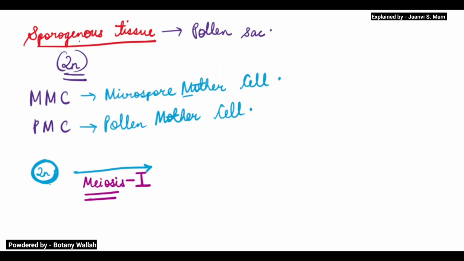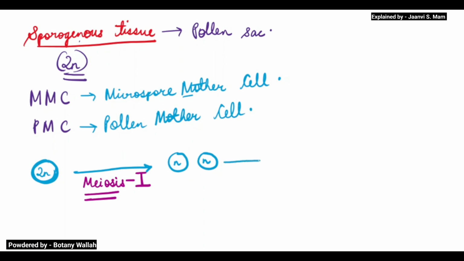This diploid cell, which is a sporogenous cell, will convert into two haploid cells. This is like the first division, and this is also microspore.